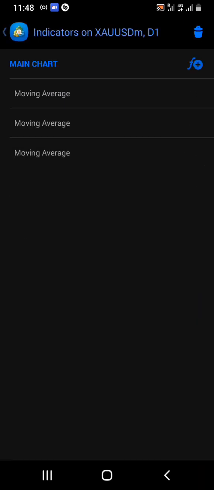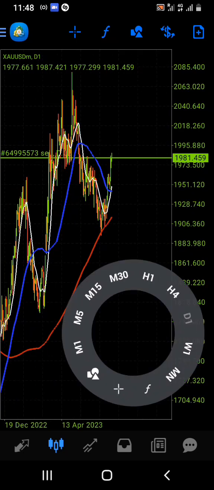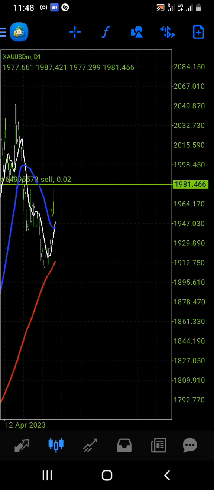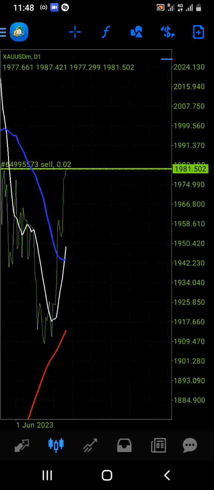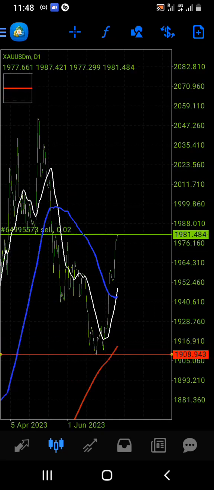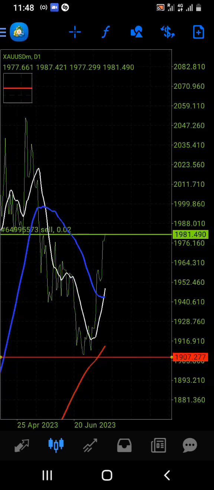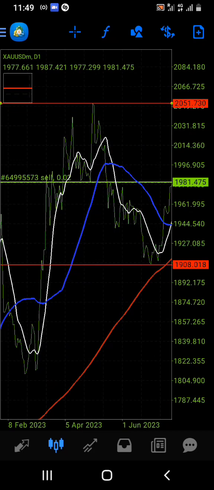Once that is set and done, we will move on to the next step, which is to analyze the chart. Okay, but before that, we do have to change our chart to the line chart. After changing our chart to the line chart, we go to the daily chart, and then we set our highest and lowest point. So lowest current point and highest current point.